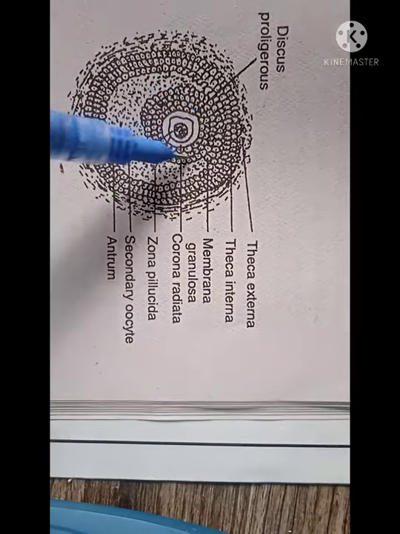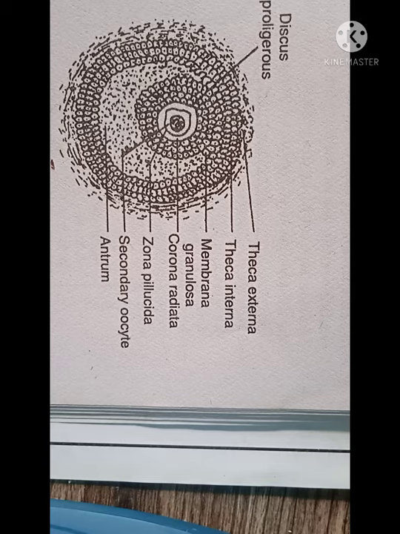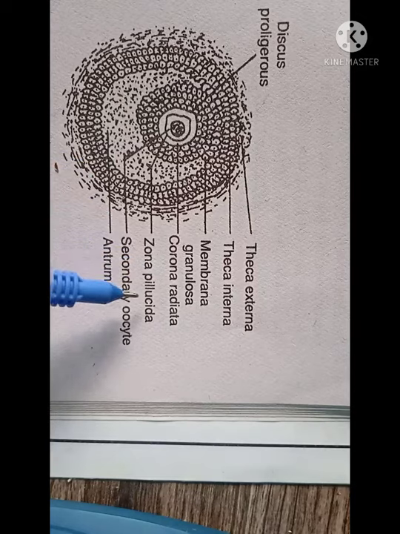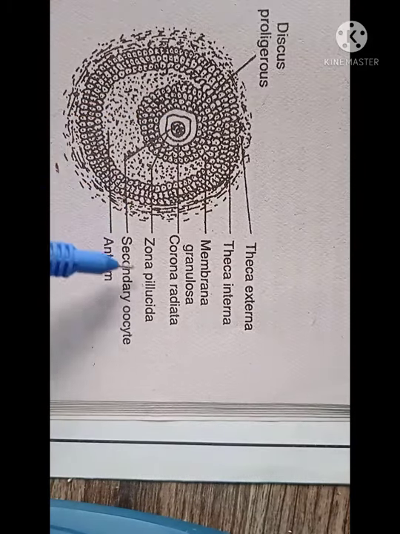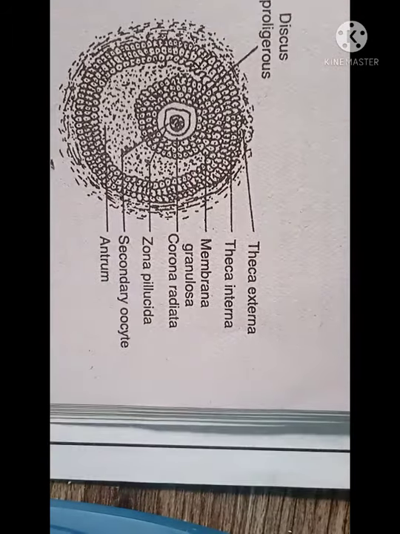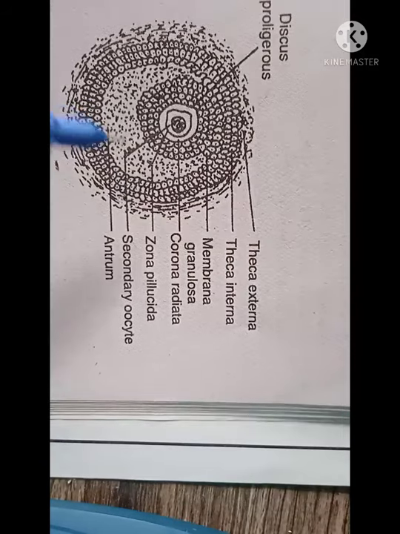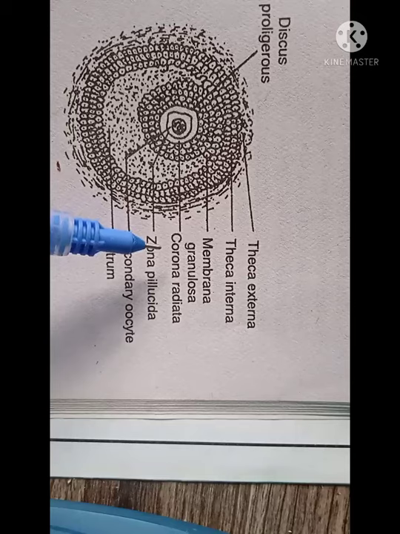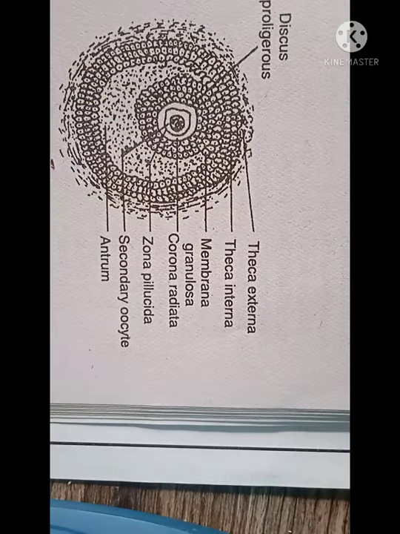You see here, this is the ovum. This ovum is surrounded by 3 layers. The outermost layer is the zona pellucida, which is a non-cellular layer. Then the second layer is called the corona radiata.